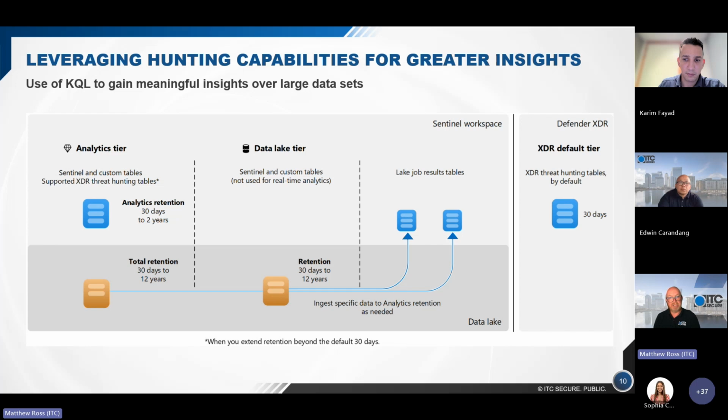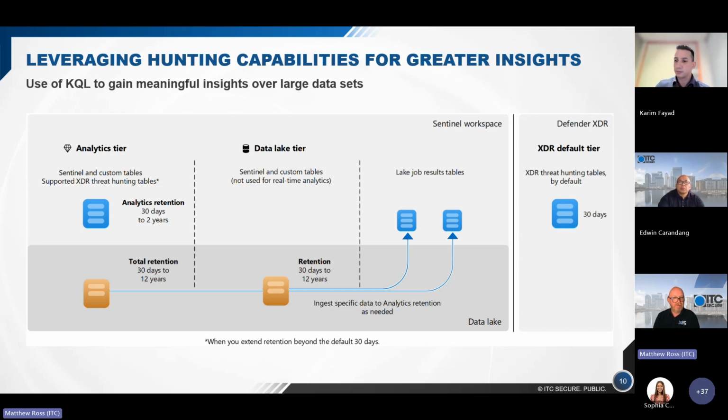Now that does add a lot of complexity because you'll have to have a custom table in one of the tiers, and you might also want to consider duplicating the data just to maintain that table integrity in the data lake tier for future queries.